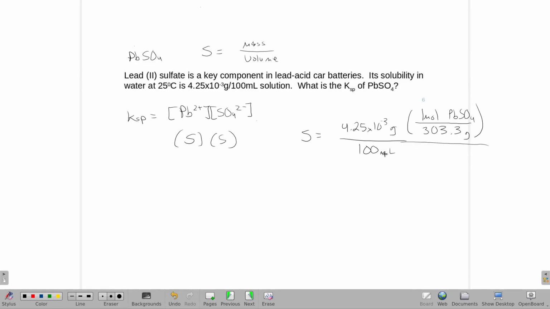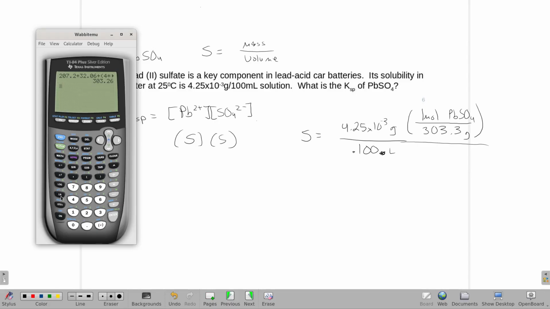And on the bottom, I need this in liters because I want moles per liter. So what I'm going to do is get rid of this and put a decimal right there, because 100 milliliters is 0.1 liter. Alright, so the solubility is given in grams per 100 milliliters. We're going to use this to convert it into moles per liter.